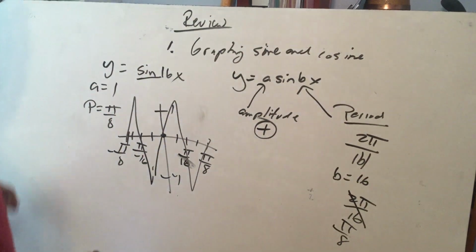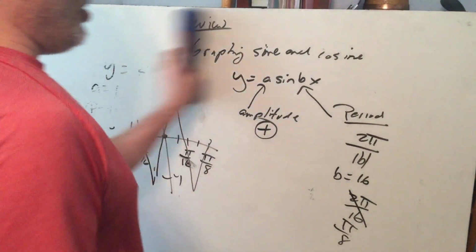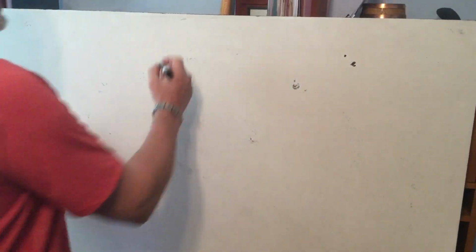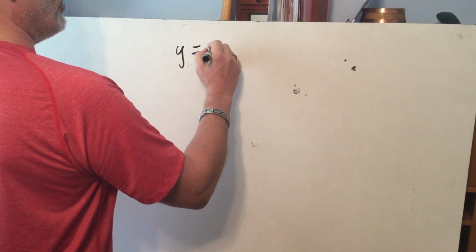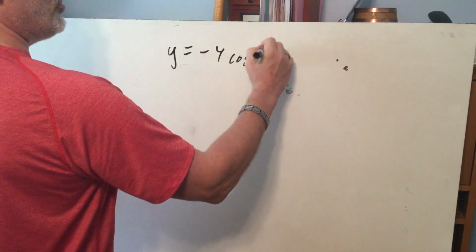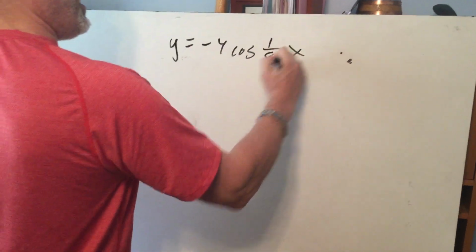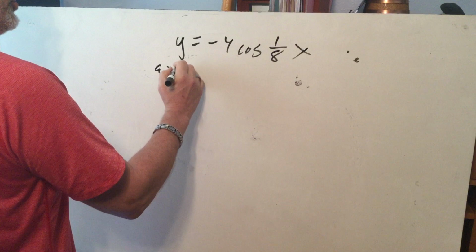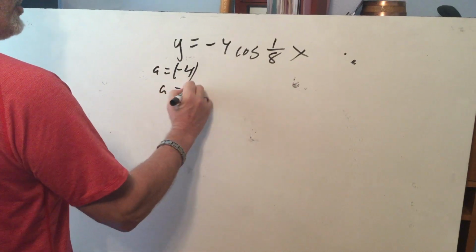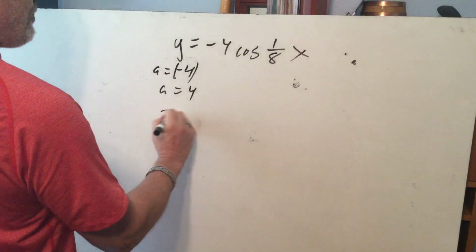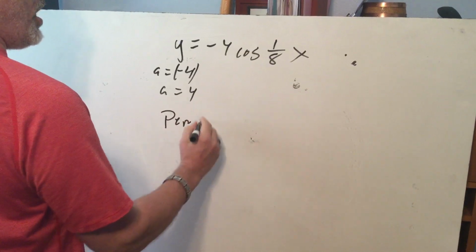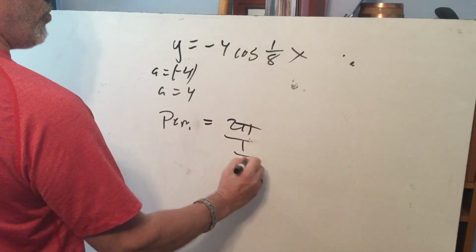If it was cosine, real fast, y equals negative 4 cos 1 over 8x. Let's go. Amplitude is negative 4, absolute value is 4, can't be negative. Your period is 2 pi over 1/8.